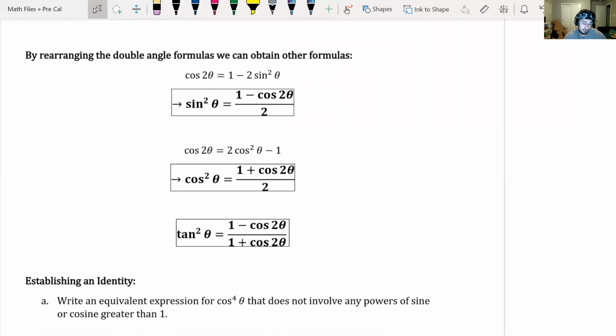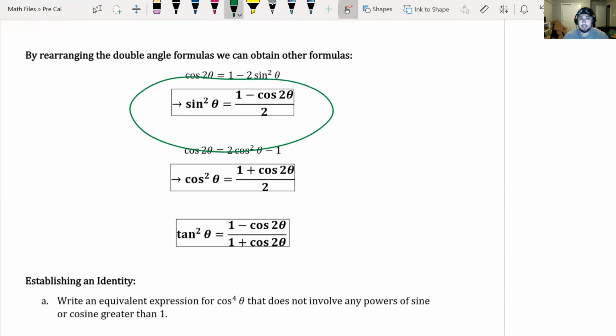So by rearranging the double angle formulas we just created, we can obtain more formulas. So cosine 2 theta, which we found earlier, is equivalent to 1 minus 2 sine squared theta. Well, if I rearrange this and solve for sine, we come up with a new formula for sine squared.